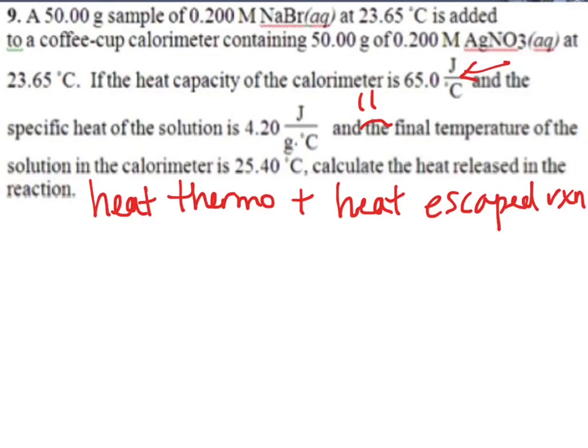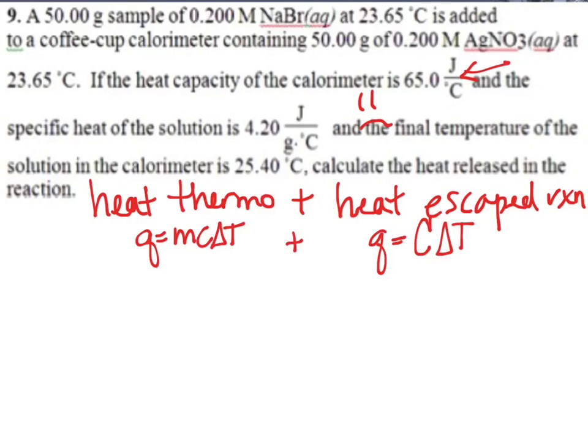The heat from the thermometer, we just learned, is Q equals mcΔT. The heat that escapes from the reaction is Q equals big C delta T, where big C is the heat capacity of the calorimeter. So we've got to find both those answers and add them together.